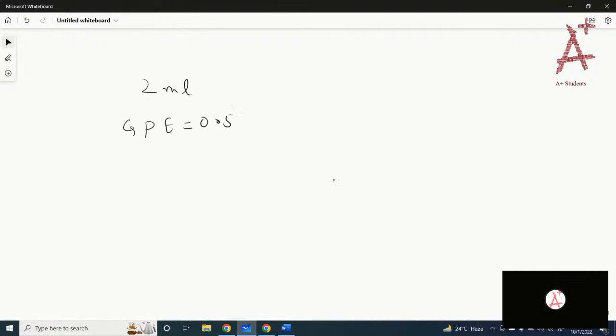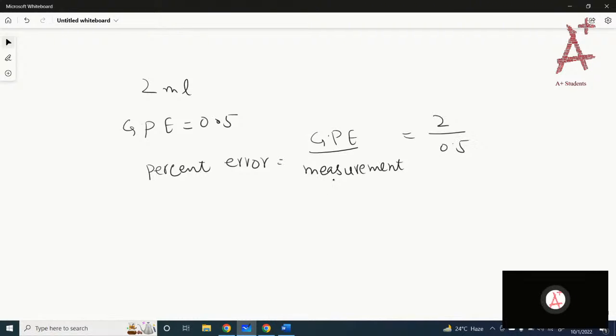Keep this very important point in your mind. So for the percent error, you have to divide the greatest possible error by the measurement. So the greatest possible error is 0.5 and the measurement is 2. It would be then 0.25 and multiply it by 100 because you have to write the value in percentages. So it would be then 25%. Got it?